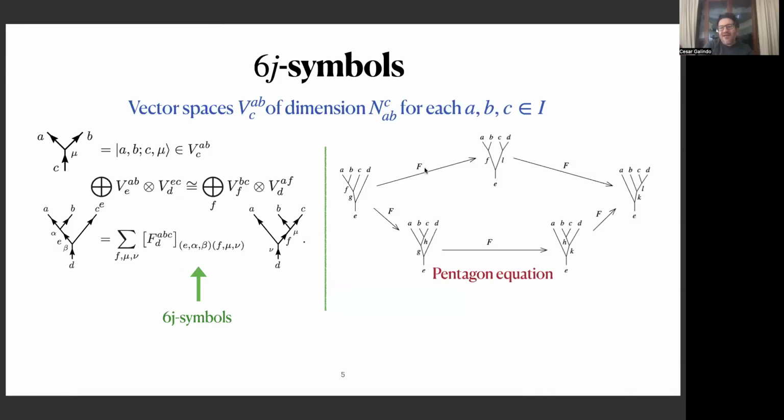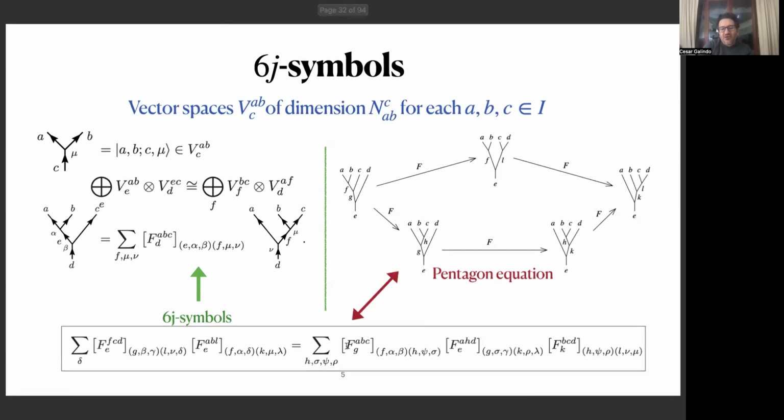The idea is that they have to satisfy this equation, which is diagrammatic, but has a concrete form given by this. This is a nonlinear equation. It's very complicated in general to solve.